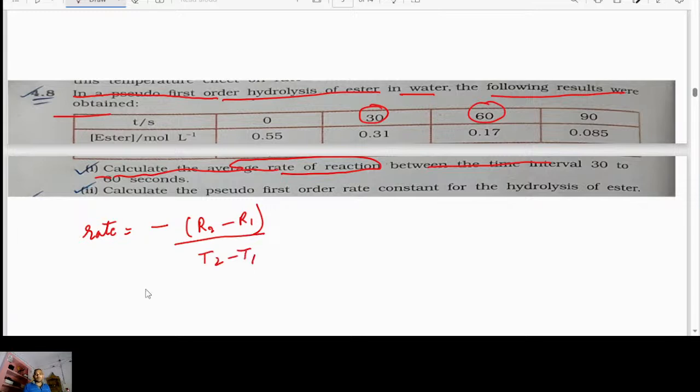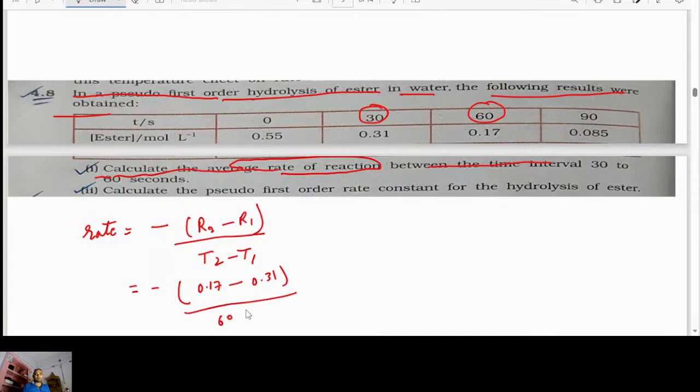The minus sign stays as it is. R2 here is 0.17, when time 60 is 0.17. Now minus, when time 30 is how much, student? 0.31. Now T2, 60 minus 30.